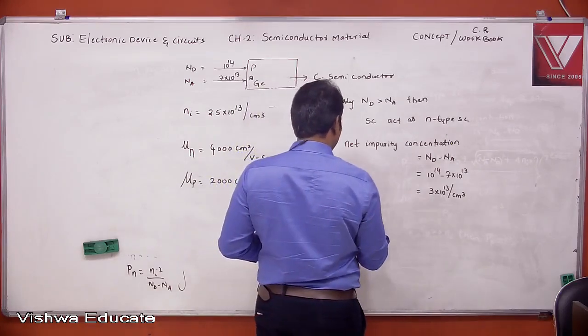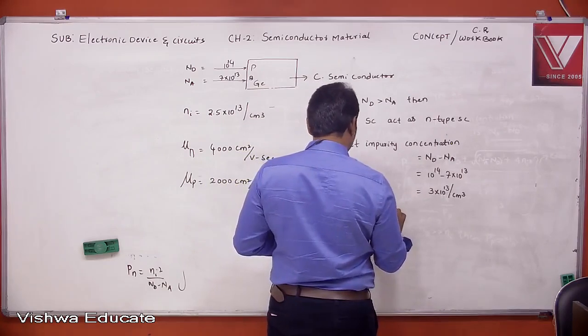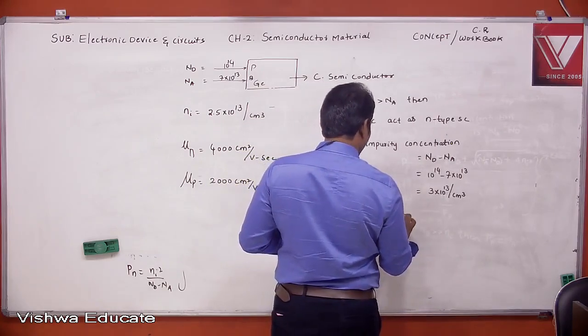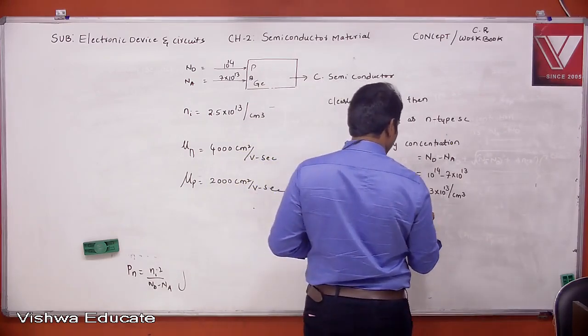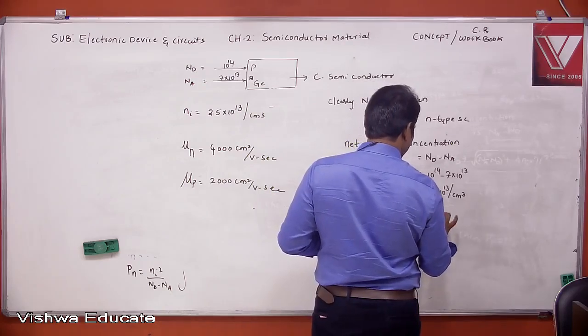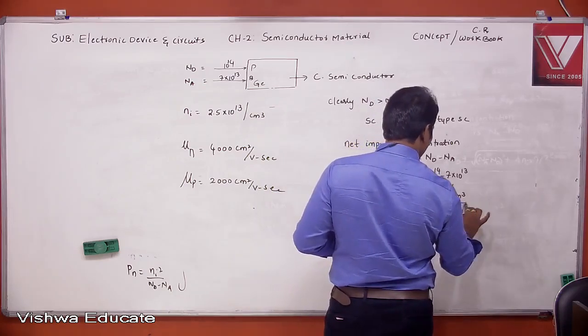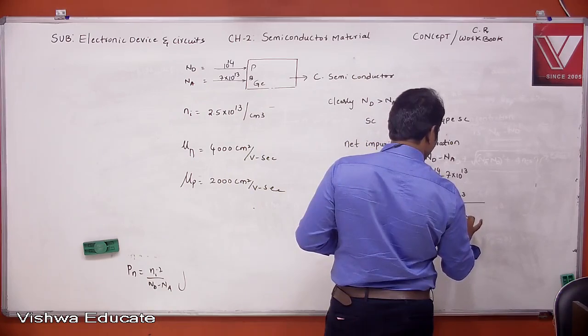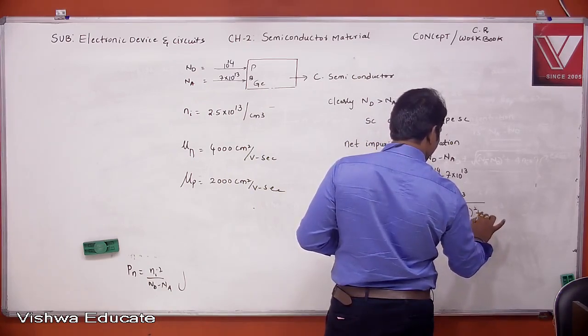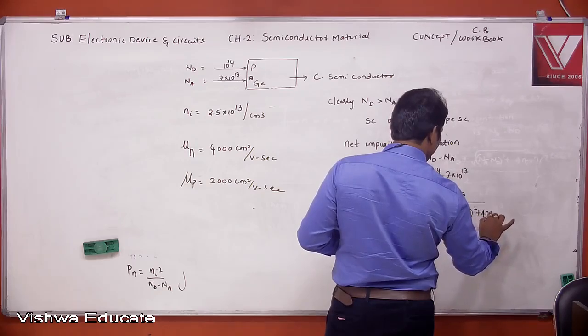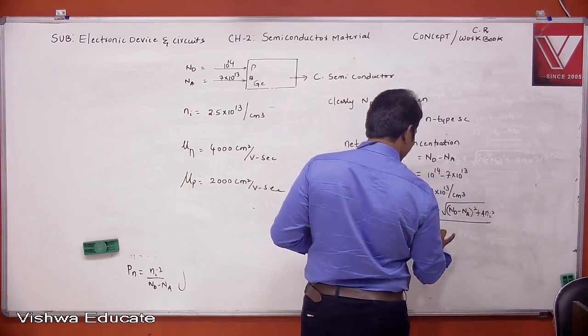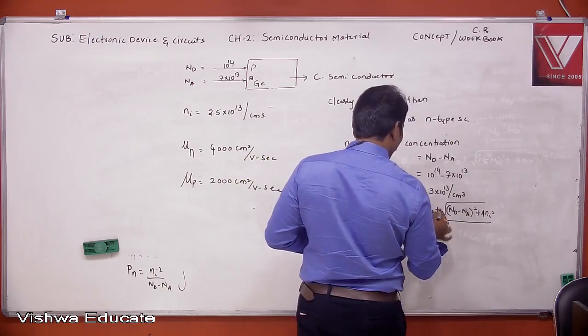What is the exact formula? Exact formula is nothing but Nn equal to Nd minus Na plus under root Nd minus Na whole square plus 4 Ni square, by 2. What is Nd minus Na?